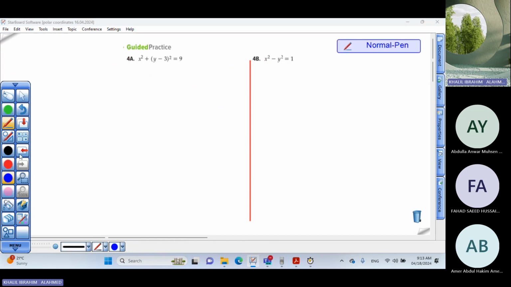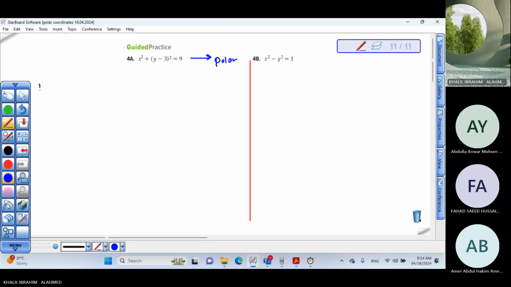Mr. Abdullah, this is x squared plus (y minus 3) all squared equals 9. Is it polar or rectangular? Rectangular. Excellent. And the second equation, polar or rectangular? Rectangular. Okay, we need to convert this to polar. What can I do?